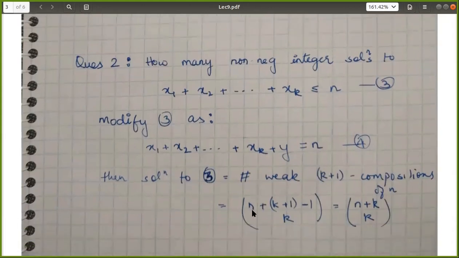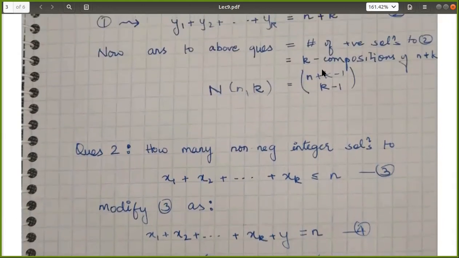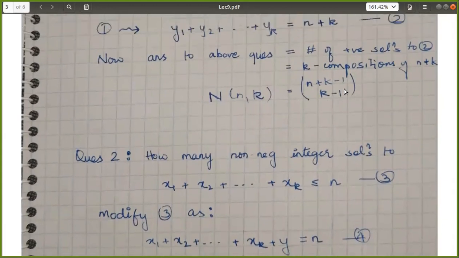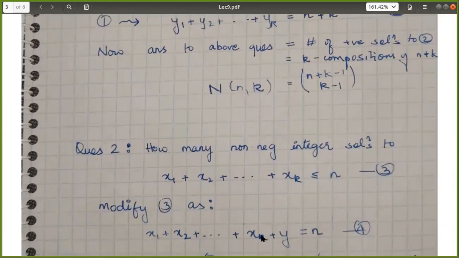So I take a b, again you have to remember this. The number of weak compositions turned out to be n plus k minus 1, choose k minus 1. So now in this equation, k has been increased by 1.